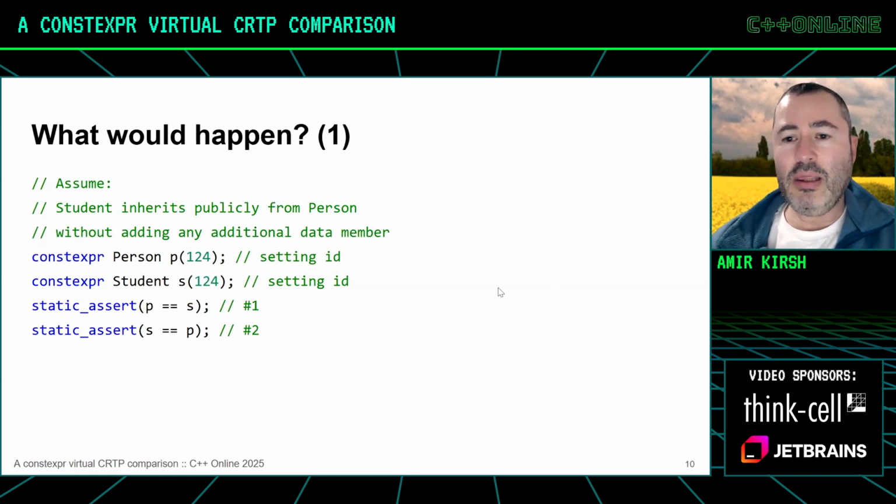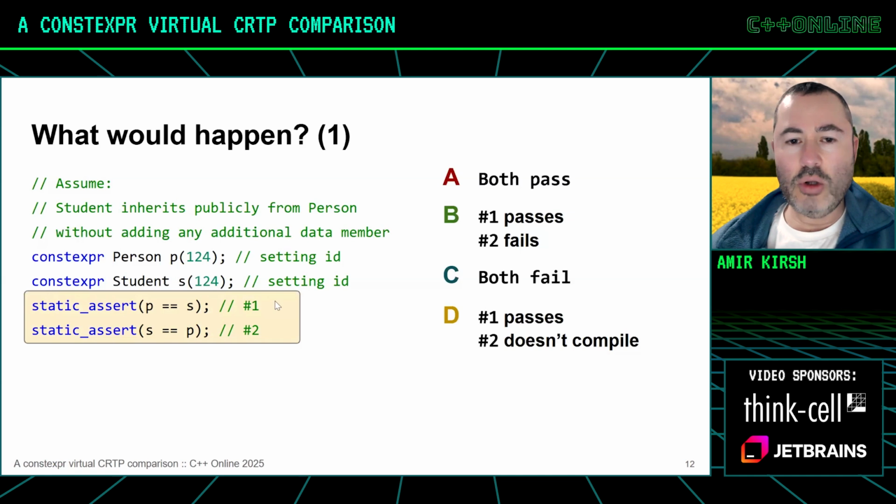Okay, now it might be that student may have later additional fields, but let's assume that this is what we have. So the question is, what is the result, or what would be the result of this comparison? And the answers are both would pass, or the first one would pass, but the second one would fail. Both would fail.